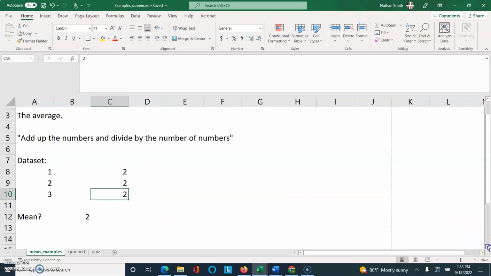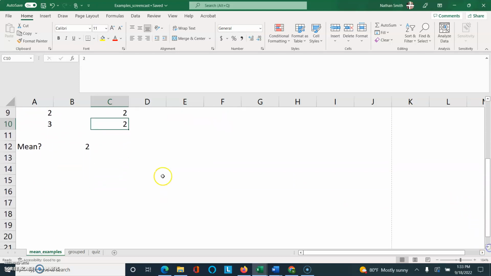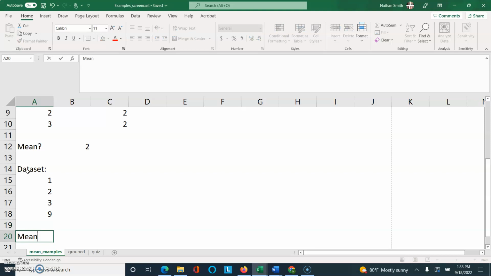Let's take a look at another example. The mean is not always going to be the nice midpoint like that. So let me give you a slightly different example. Here's a data set with values 1, 2, 3, and now 9. So we have 4 data points. Let's practice with running the mean.